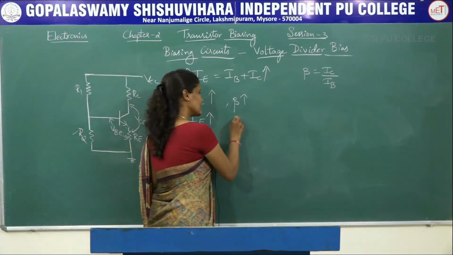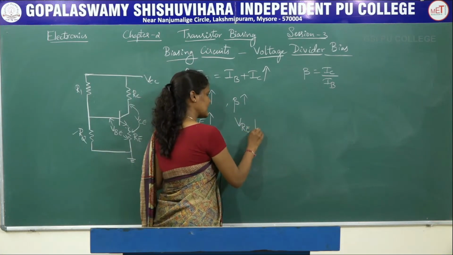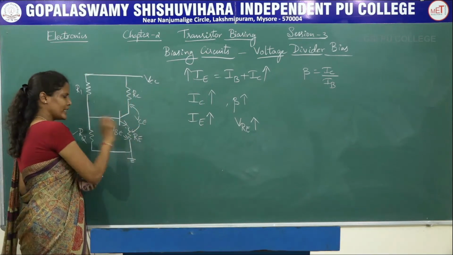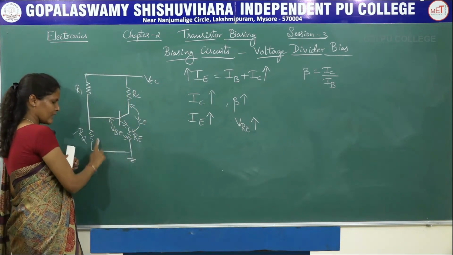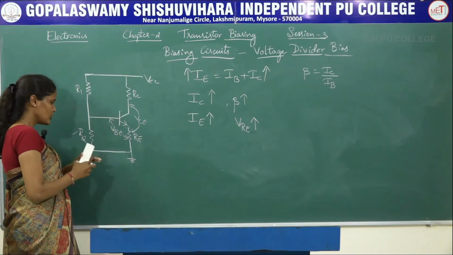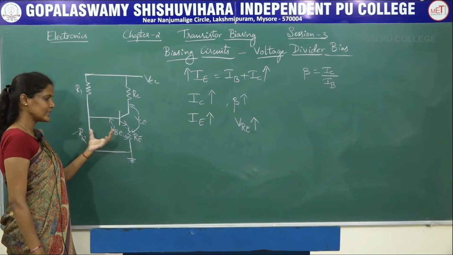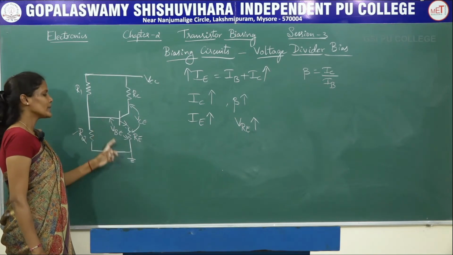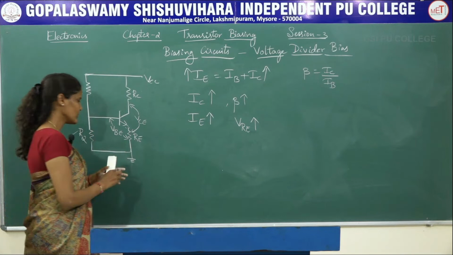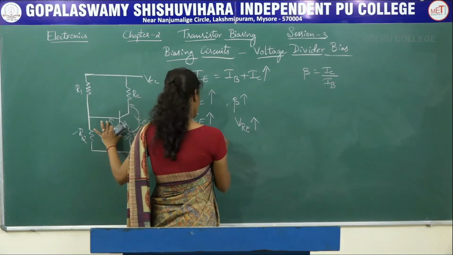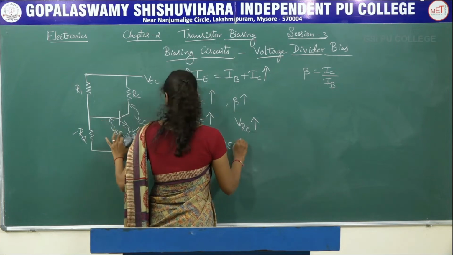Since IE is increasing, the voltage drop across RE will change. Now if I apply KVL for this particular loop, I told you that the voltage across R2 itself acts as the forward biasing condition, forward biasing the base to emitter junction. So VR2 is equal to VBE plus VRE.